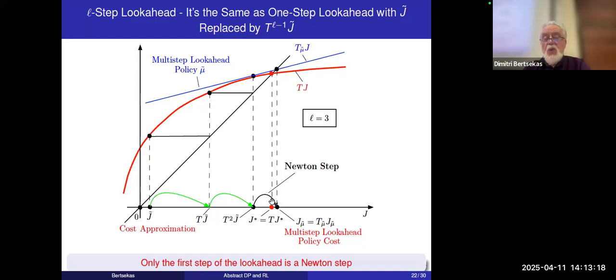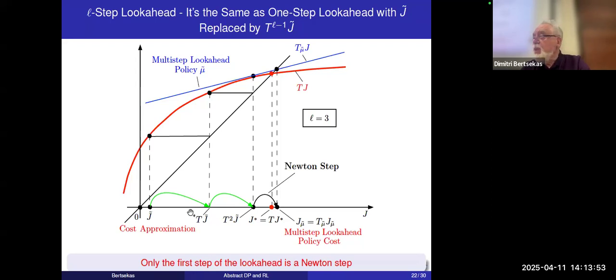So it is a Newton step at the end of some first-order iterations, or, as they call it in numerical analysis, a Newton SOR. SOR stands for successive over-relaxation. So it is a Newton SOR step instead of a Newton step. And an important point is that these first-order iterations, the value iterations, bring the starting point for the Newton step closer to the region of convergence and closer to J star.